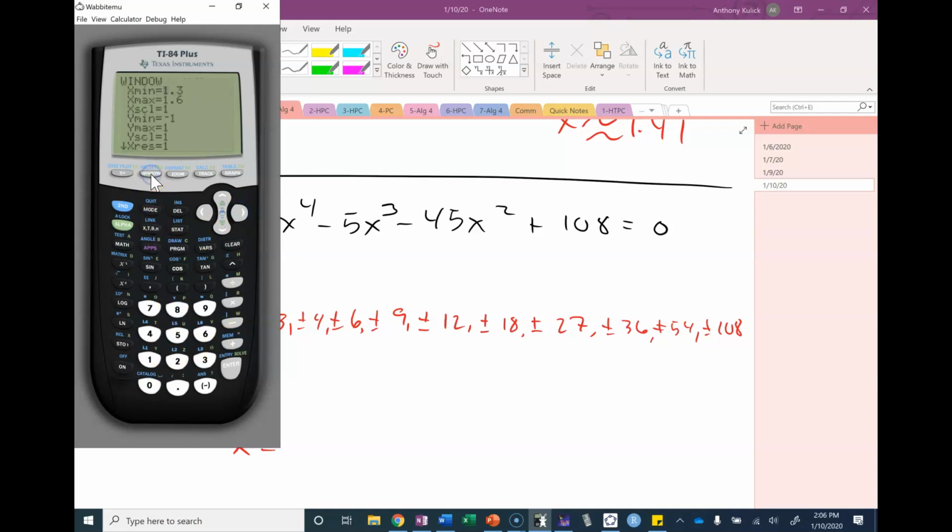I'm going to go choose my window. I'm going to pick something a little bit smaller than my smallest one, so maybe negative 110, and a little bit bigger than my biggest one. And I'm going to change my y min and y max back to negative 10 and positive 10. I'm going to hit graph.